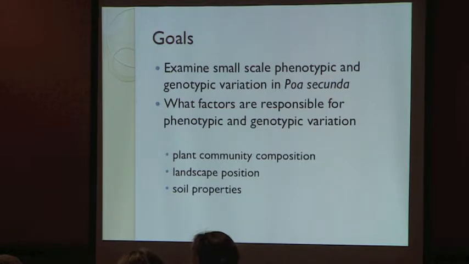There's been a little bit of work done on Poa secunda genetic variability, but the scales are like from Washington to Colorado, and we know almost nothing about how it varies across the landscape. So we wanted to try to find what factors are responsible for this phenotypic and genotypic variation. And so we examined plant community composition, landscape position, and also soil properties.